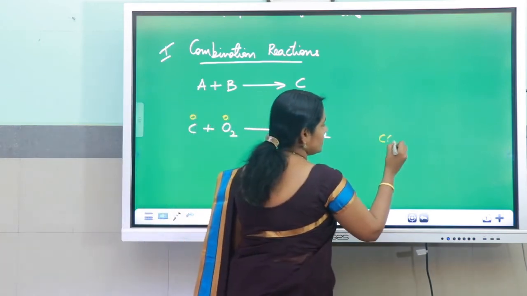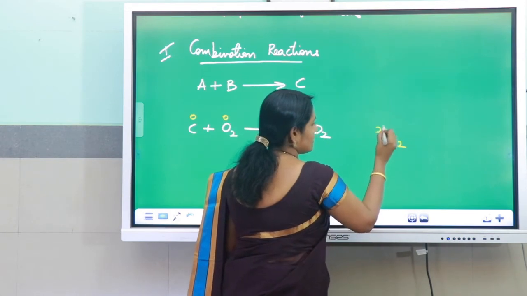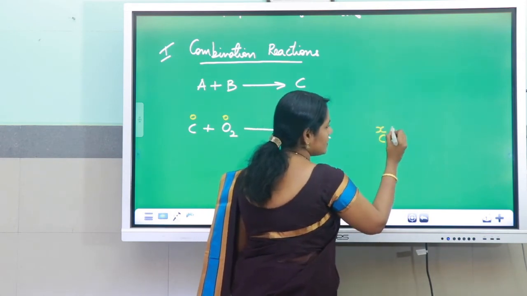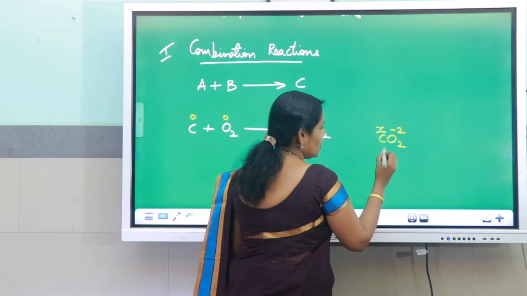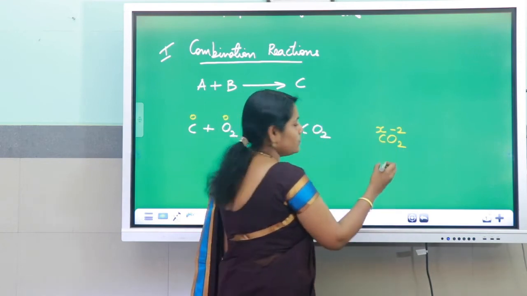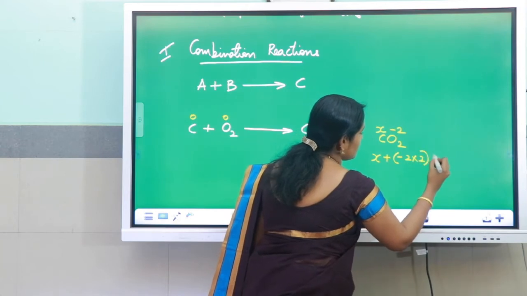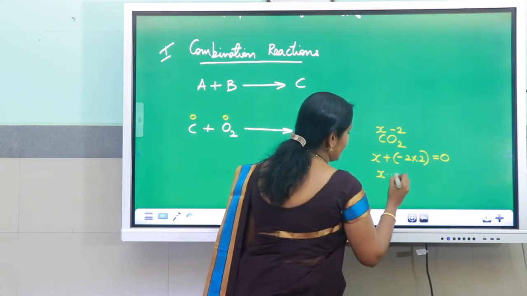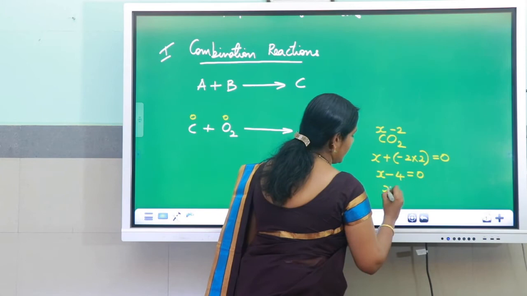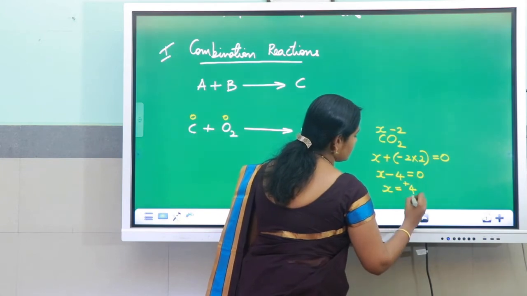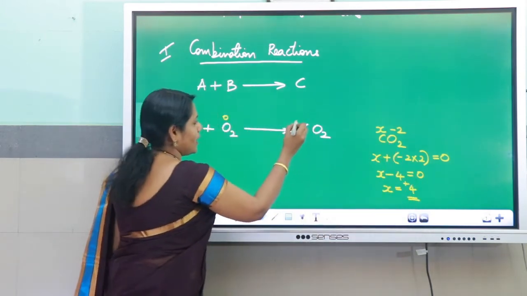Let us take carbon as X. All together it should equal 0. So, X plus -2 into 2 is equal to 0. So, X minus 4 is equal to 0 and X is equal to 4. So, this is the oxidation state of carbon.